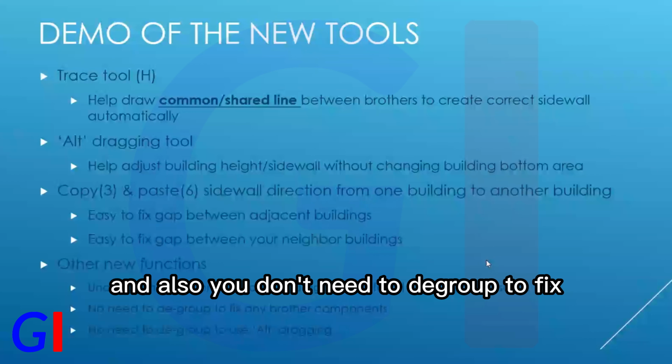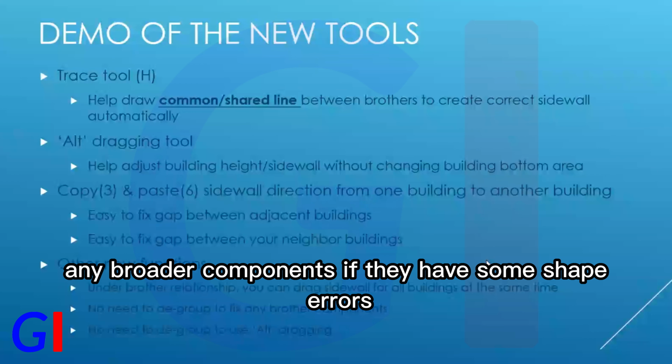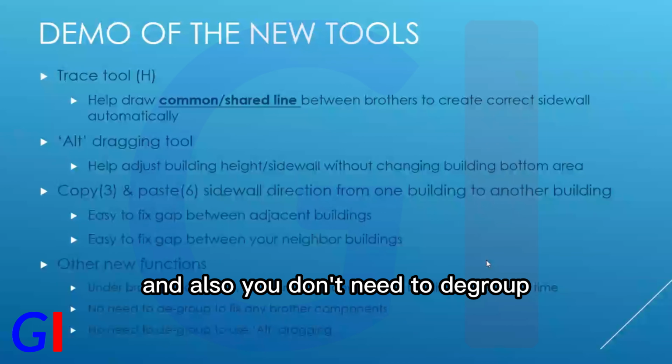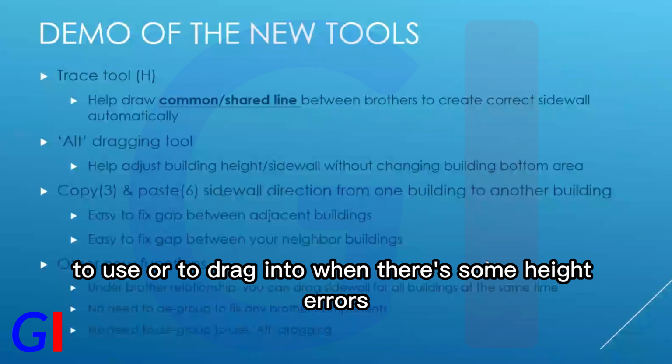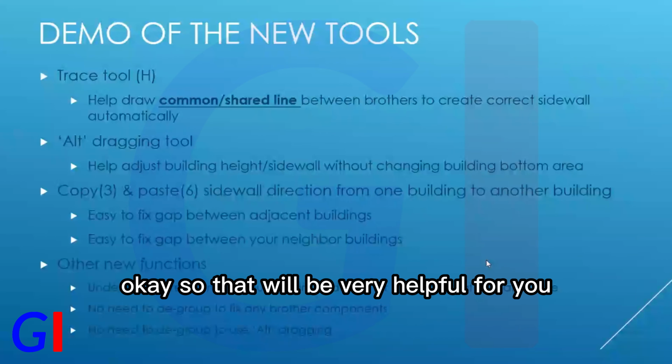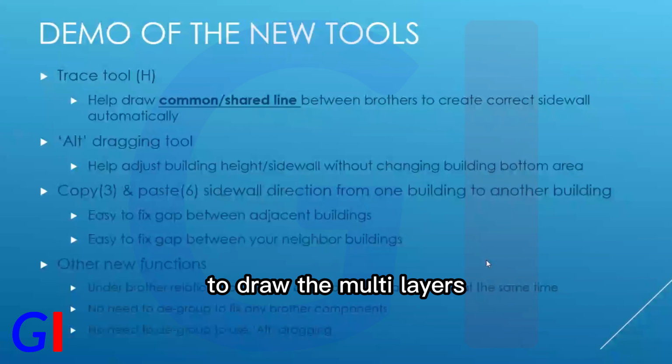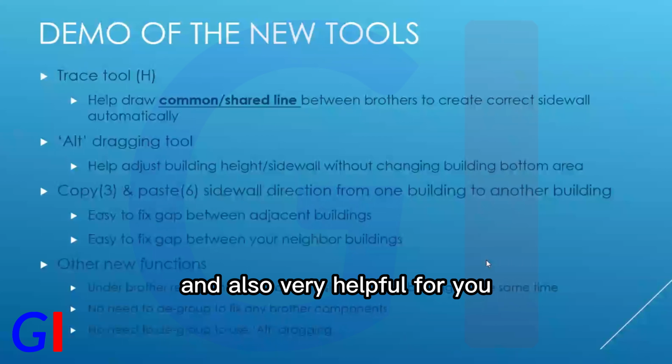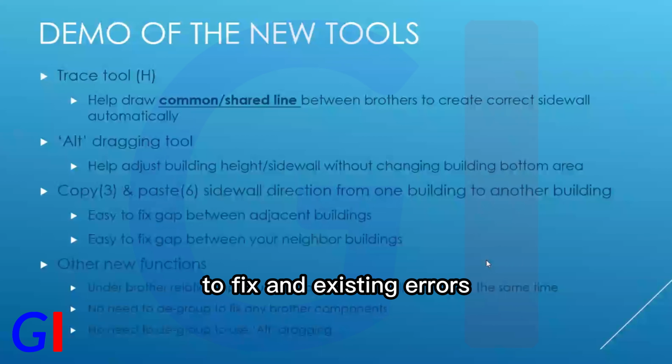And also you don't need to degroup to fix any brother components if they have some shape errors. And also you don't need to degroup to use the alt dragging tool when there are height errors, okay? So that will be very helpful for you to draw the multi-layers, and also very helpful for you to fix any existing errors.